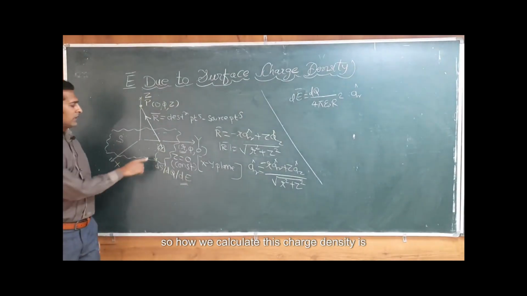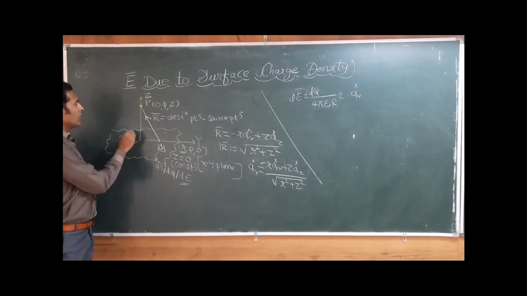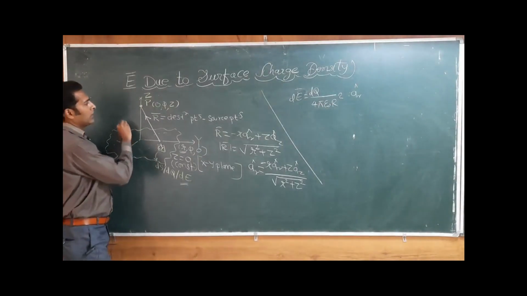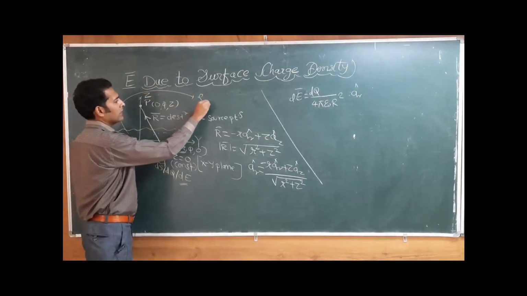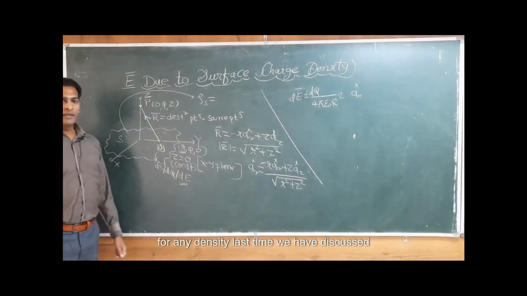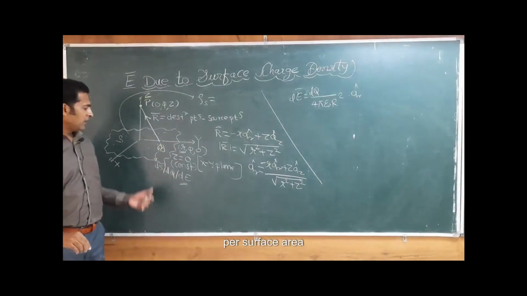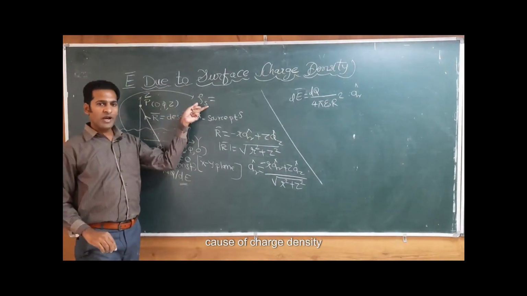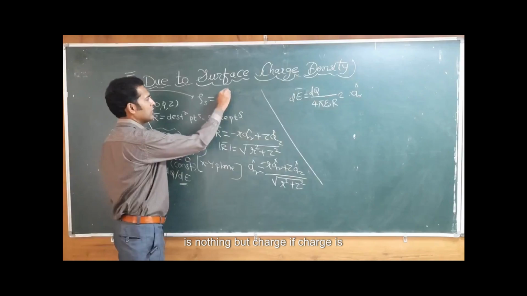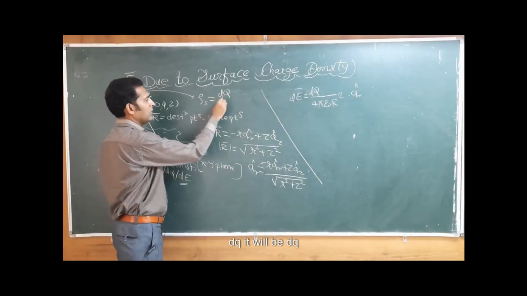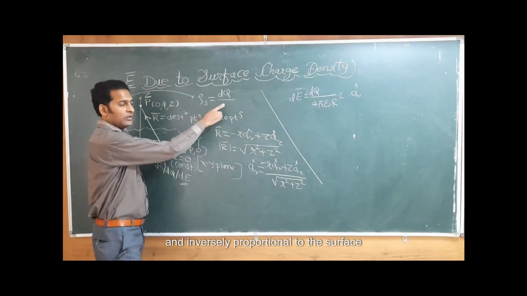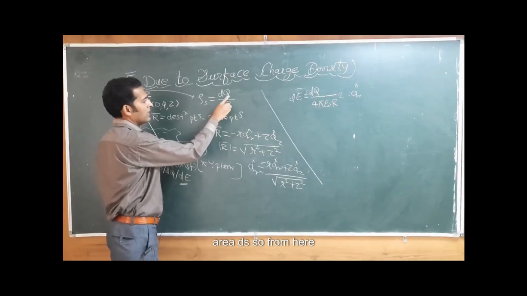So how do we calculate this? Charge density is given by rho s. Last time we discussed the simple formula: charge density is charge per surface area. If the charge is dq, it is dq inversely proportional to the surface area ds.